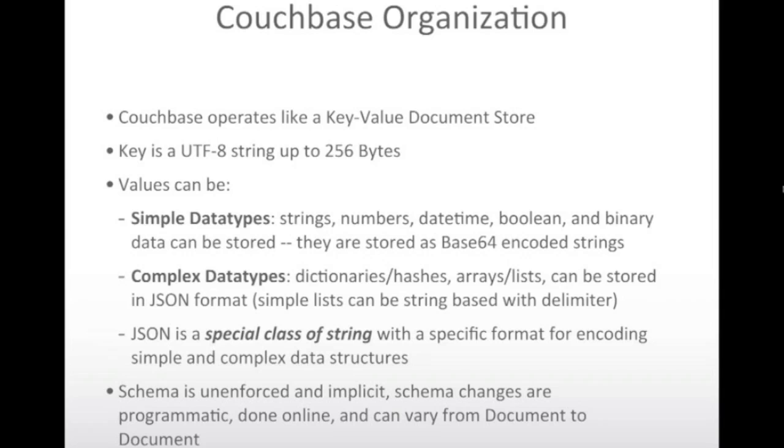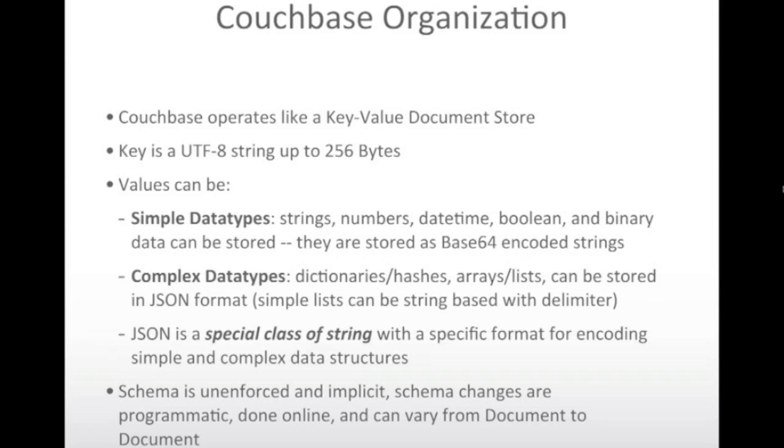We can also represent complex data types like arrays, hashes, and lists, which can be stored in JSON format. What's very valuable about the JSON format, which is similar to XML except much more lightweight, compact, and easier to read, is that you can store simple and complex data types within JSON. It's basically a special class of string with a format, just like HTML is a type of XML.